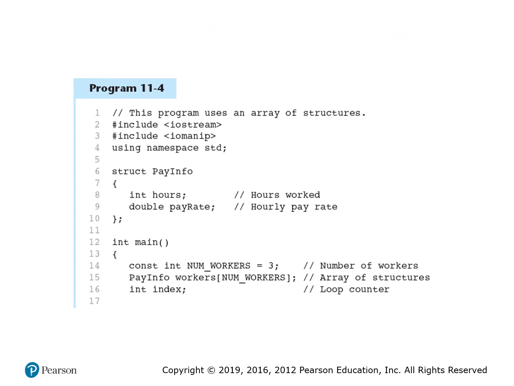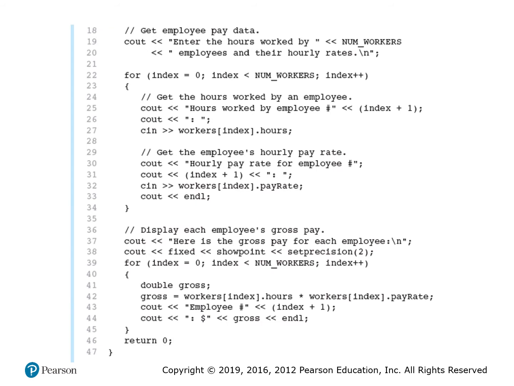This program uses an array of pay info. Each worker gets hours and a pay rate. So we define workers, and we have 3 workers. And we get the employee data by stepping through from 0 to num workers, and we input workers index.hours. Again, this whole thing acts like a normal variable.